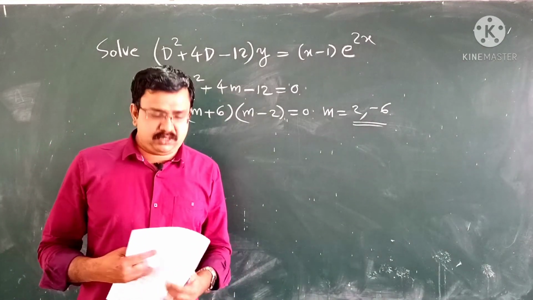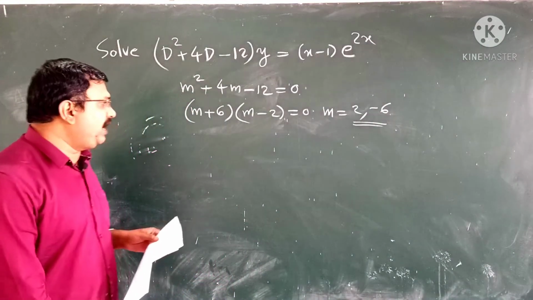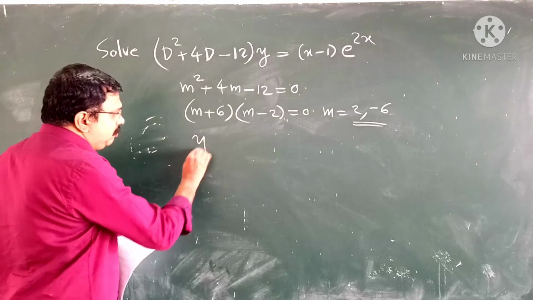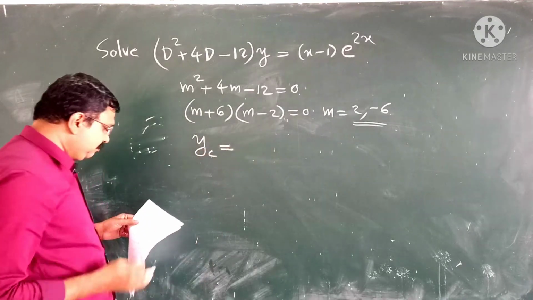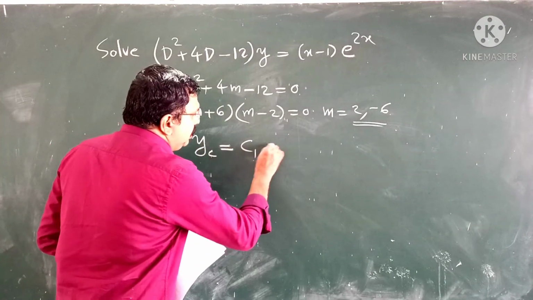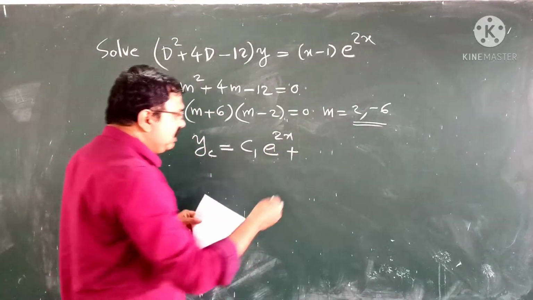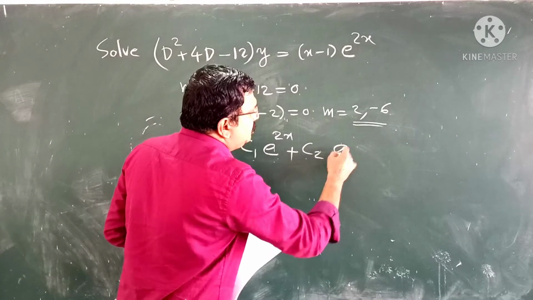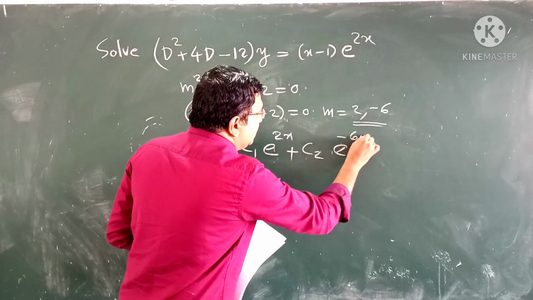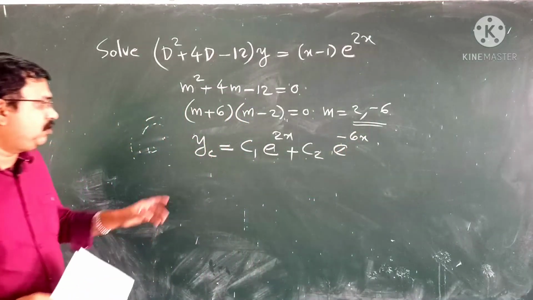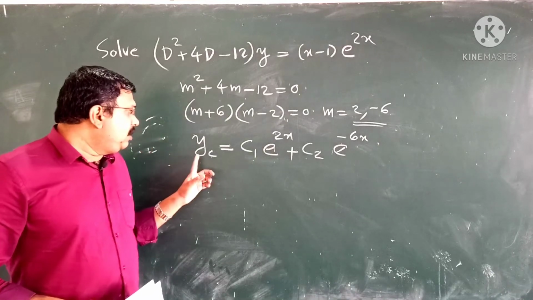Two different roots. Therefore, our yc is equal to c1 e raised to 2x plus c2 e raised to minus 6x. Okay, that is our complementary function.